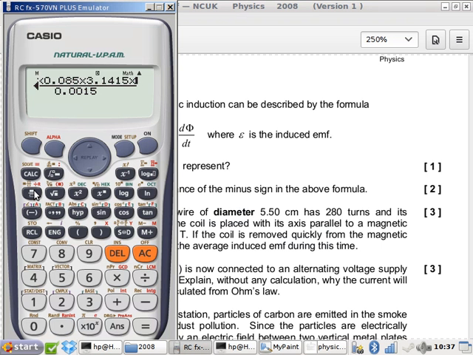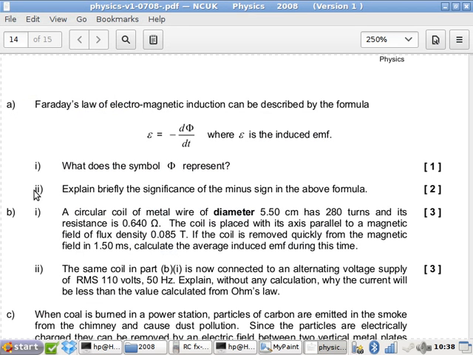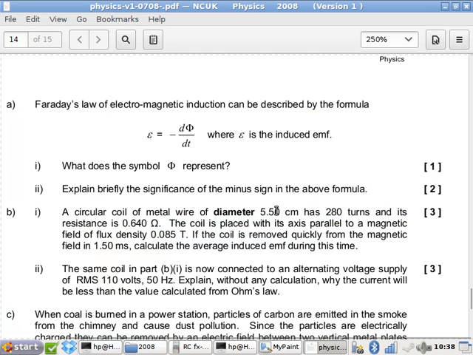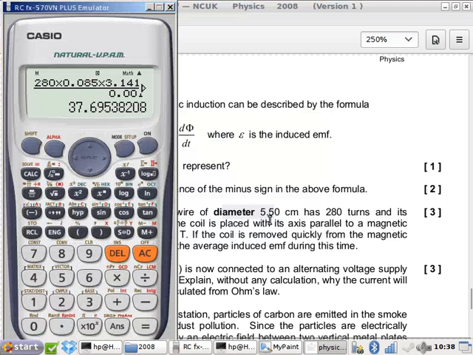And what's the R, please? 0.055. Yeah, so 37.7 volts? Quite high. Oh, the diameter is 5.5. It says it there. Okay, is this okay?